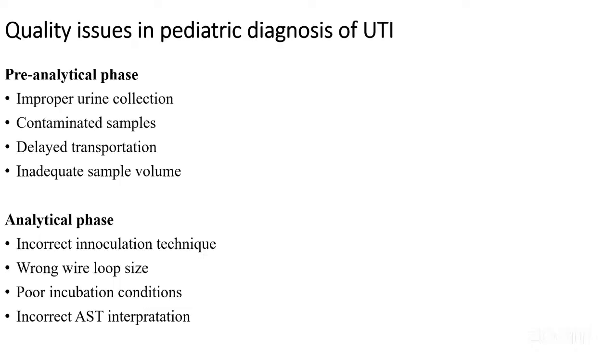I'll touch on the quality issues in pediatric diagnosis of UTI. We have several quality issues which might affect our results and outcome, and also how we manage our patients.